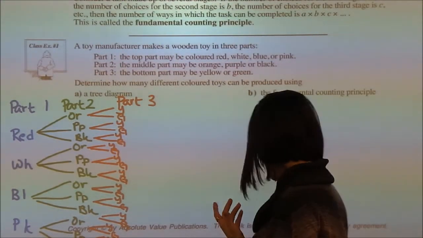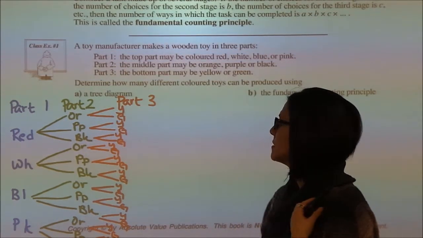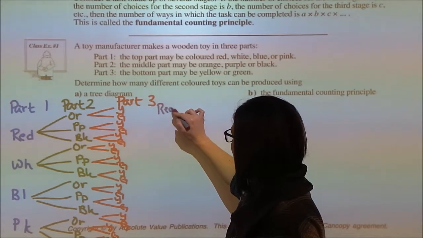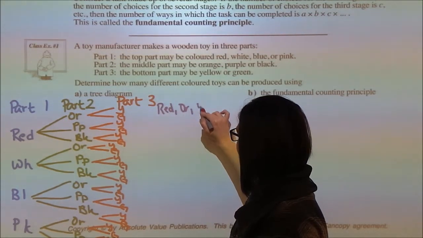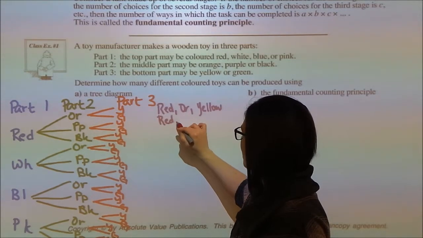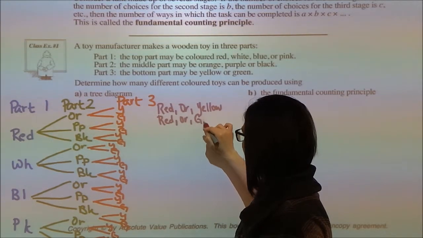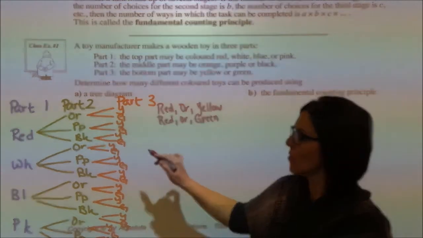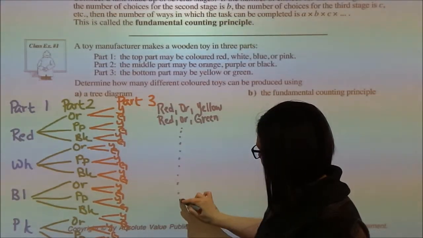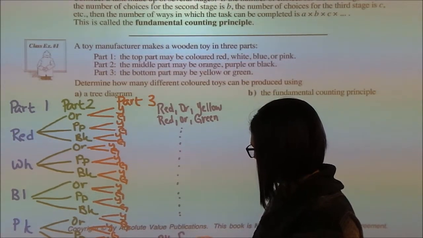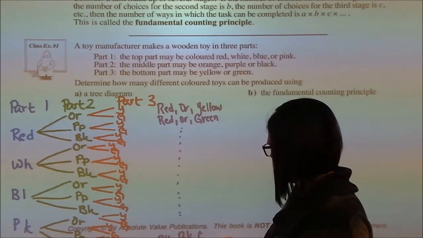So then my toys could be a red, orange, yellow toy, or a red, orange, green toy, or red, purple, yellow, etc. All the way down to the last one, which would be pink, black, and green.